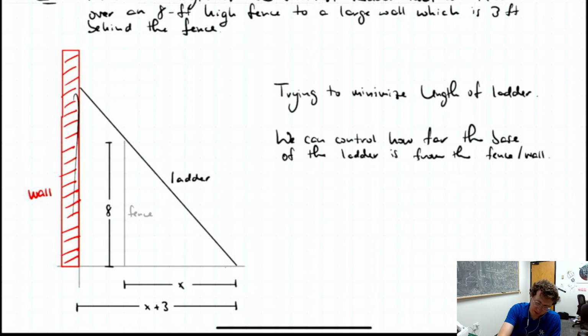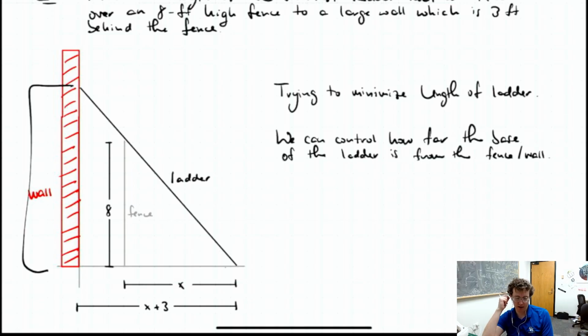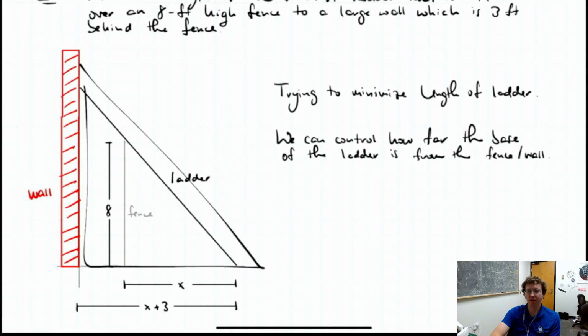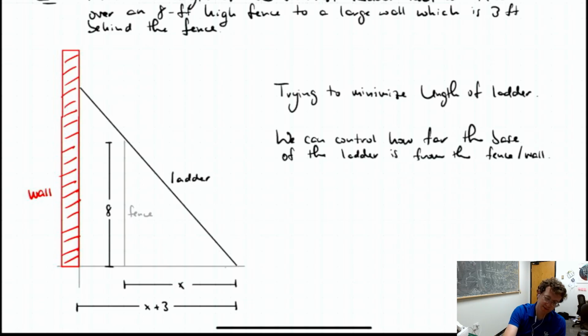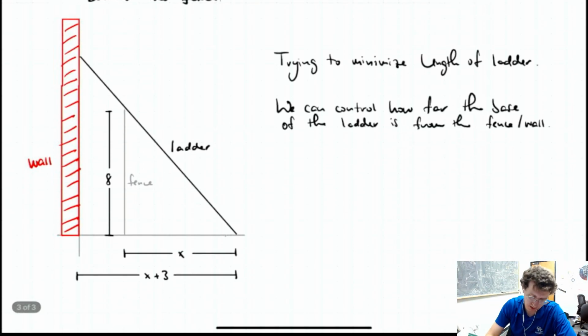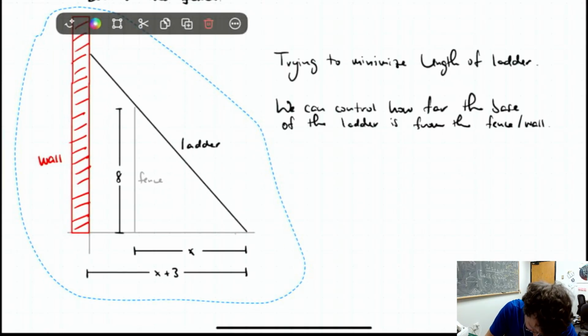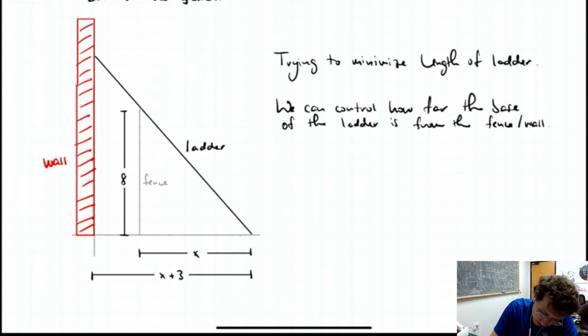Now this is a right triangle, and I already know the base is x plus 3. So if I knew the height, then I could use the Pythagorean theorem to find the length of the ladder. So the height is a quantity worth thinking about.